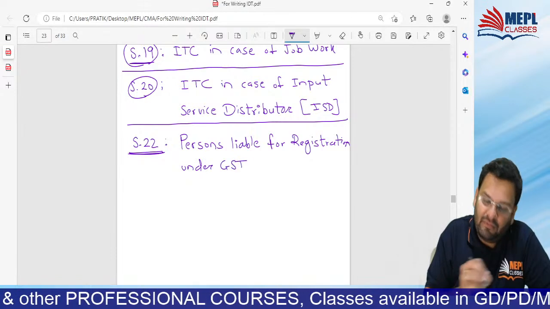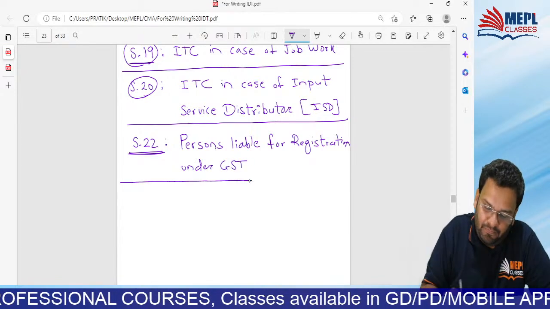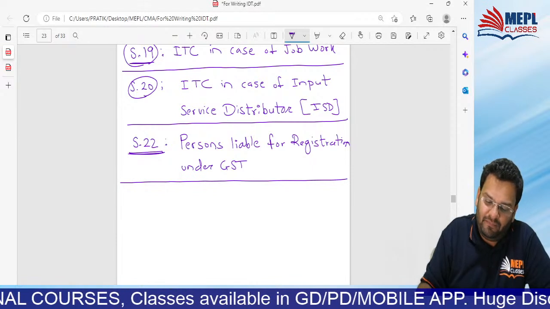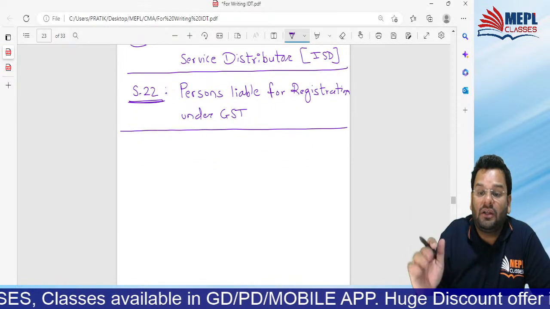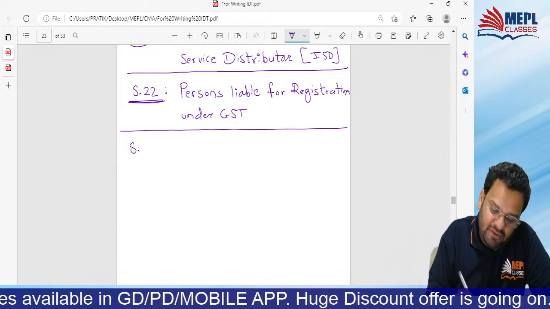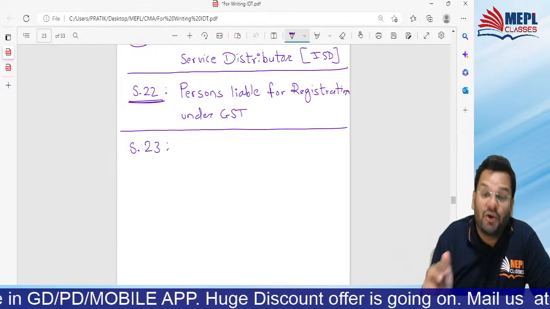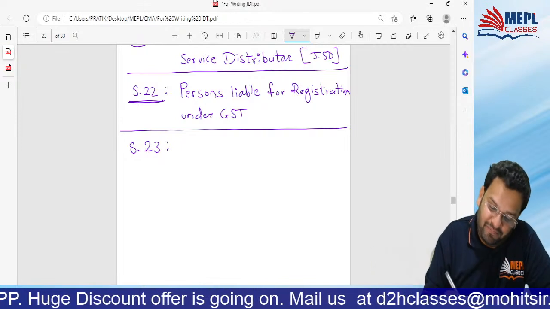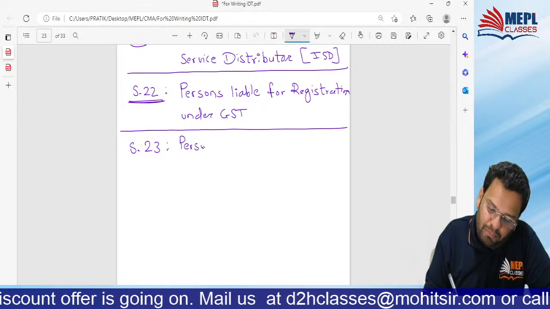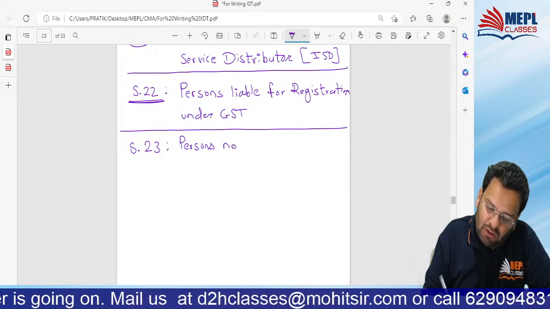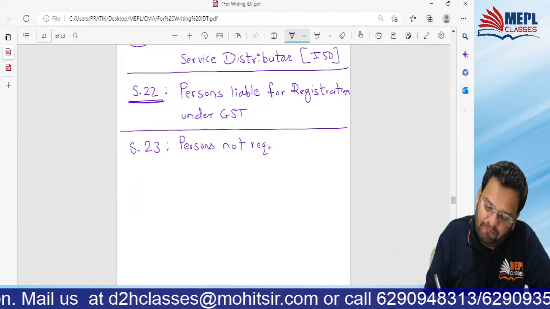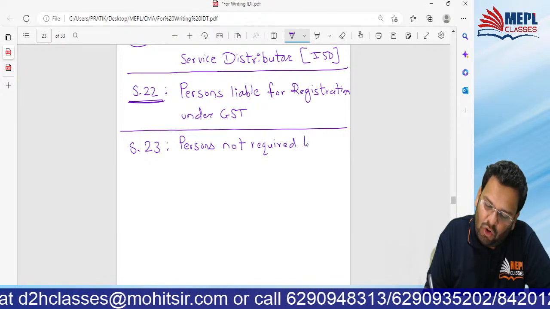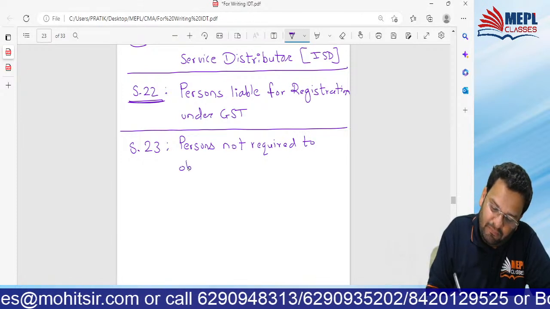Agreed? That is 22. 23 is persons not required to obtain registration. In short, 23 is exemption from registration.